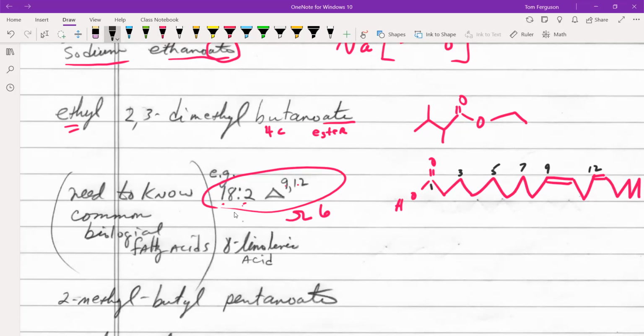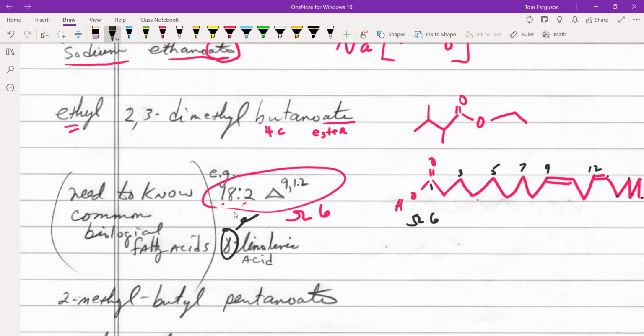That's how I came up with the delta 9,12. And then if we look at omega-6 means 1, 2, 3, 4, 5, 6. That's it. Linoleic acid, gamma linoleic acid. I think on the, did I have gamma or did I just have... Yeah, I just had linoleic acid, not the gamma. There are 2 linoleic acids. So anyway, that's the one you have. The one I want you to know is the gamma one.